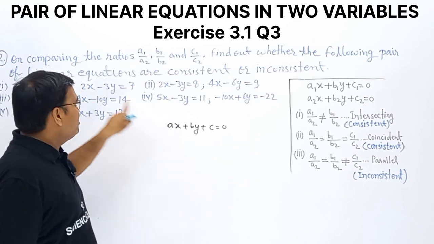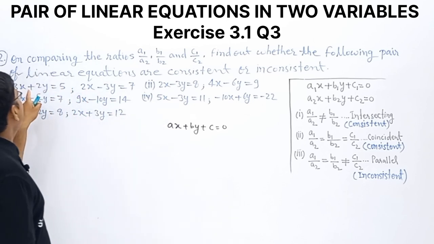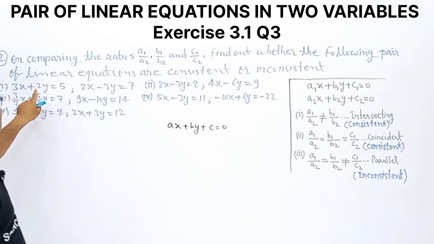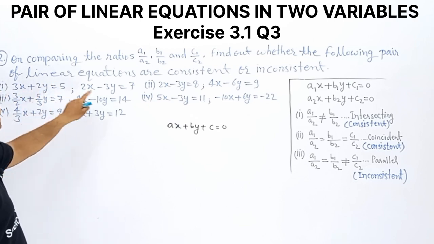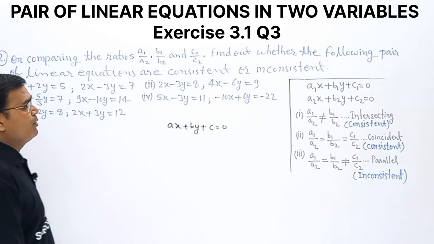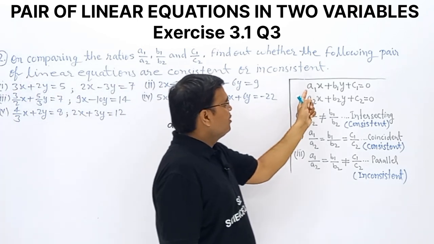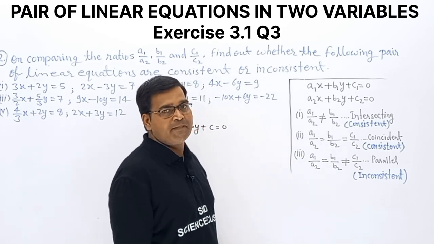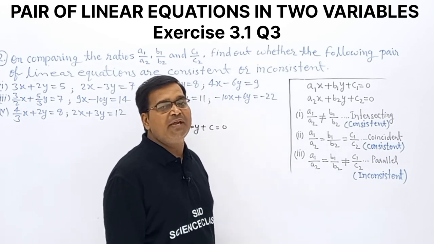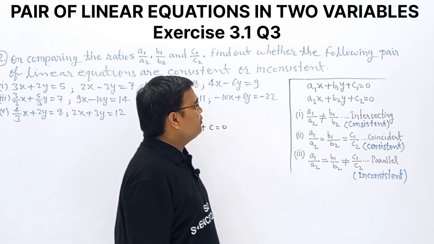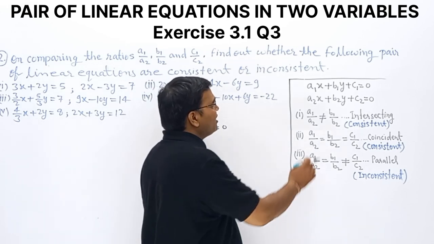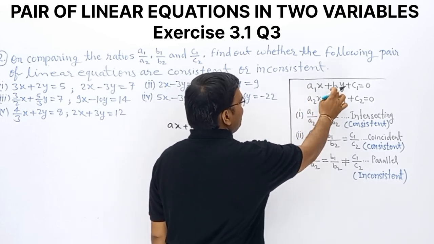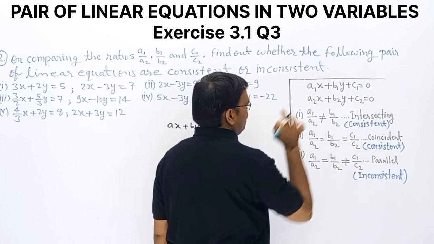Now in these questions we are having two linear equations in two variables. Once we are having a pair of linear equations in two variables, we will compare the ratios a1 upon a2, b1 upon b2 and c1 upon c2.